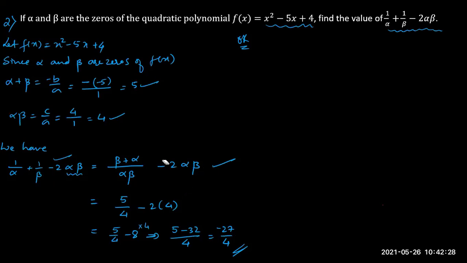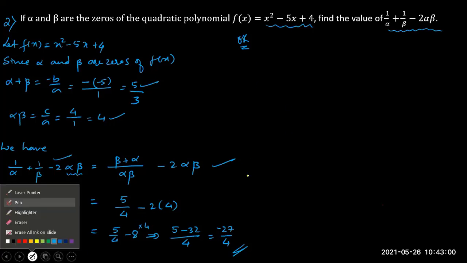If this a value is 3 or 4, suppose it is 5 by 3, what will be the value? That value only you fill here. In place of beta plus alpha, you fill 5 by 3 only and simplify it. Calculation you need to do and you need to simplify. In fraction form only we need to keep it and simplify. Okay, this is one method.